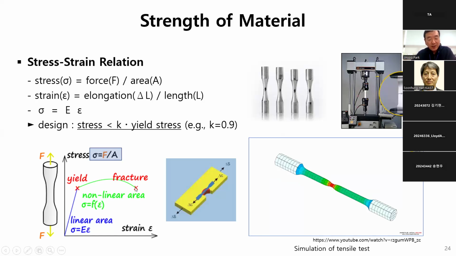These data are usually used to evaluate stress conditions for the stress concentration areas of the structures. So we need to compare the stress level of actual structures with this material data, and then we evaluate whether the structure is safe or not.